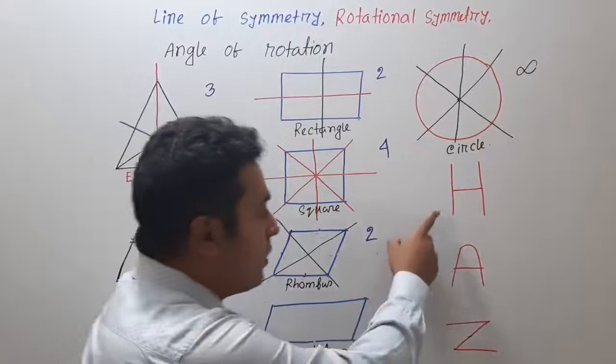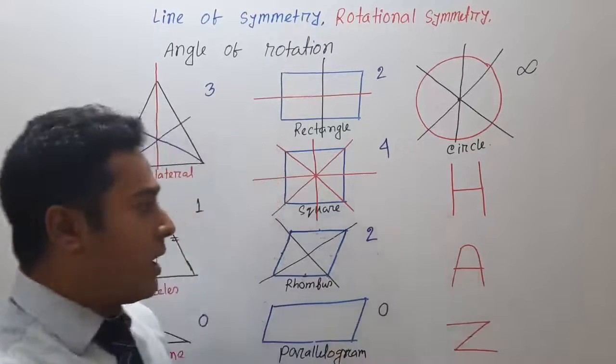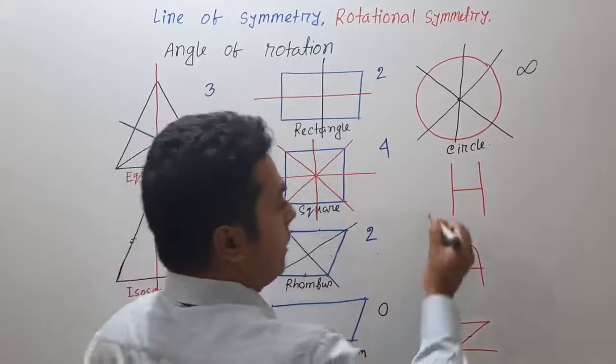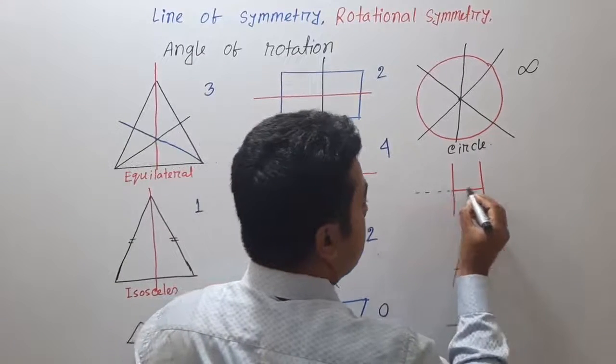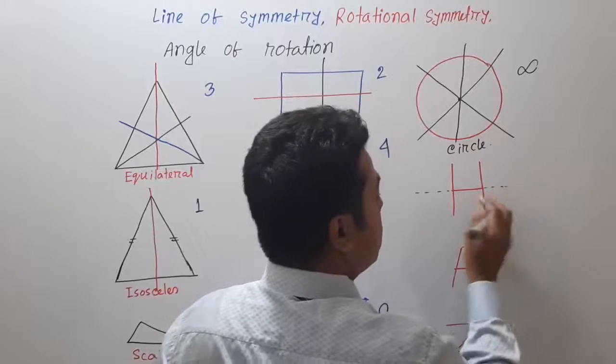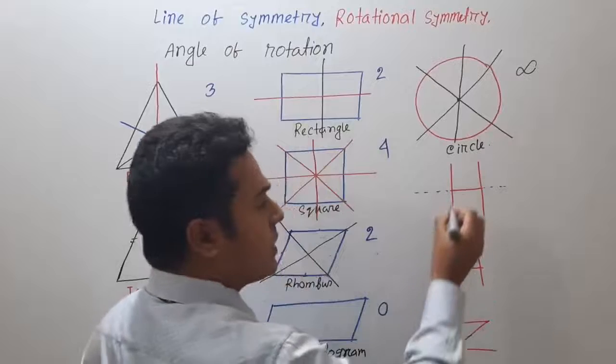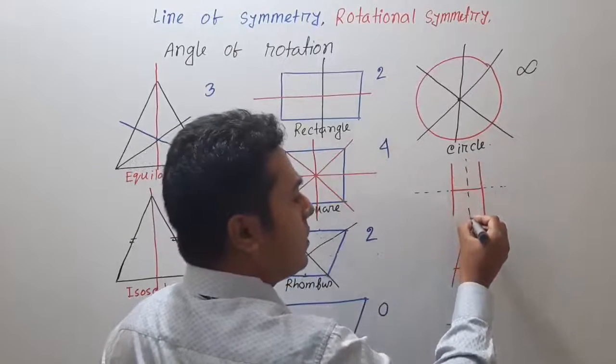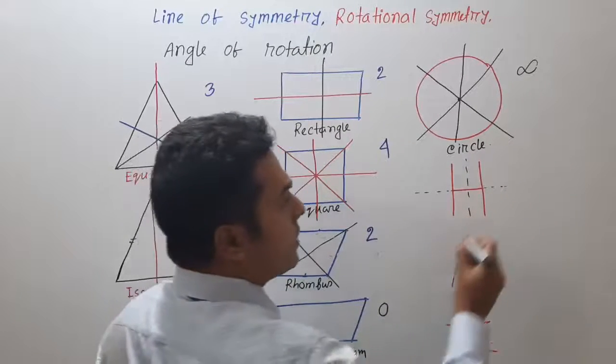Now for the English alphabet 8, according to this line it has a line of symmetry, because this half and this half exactly overlap each other, and according to this way it is also a line of symmetry.